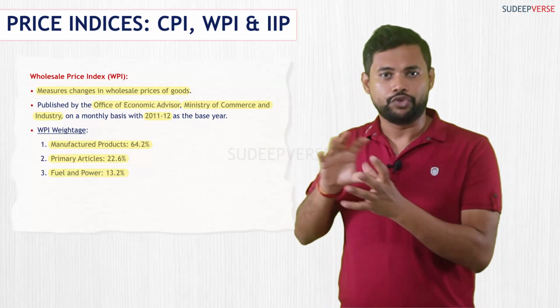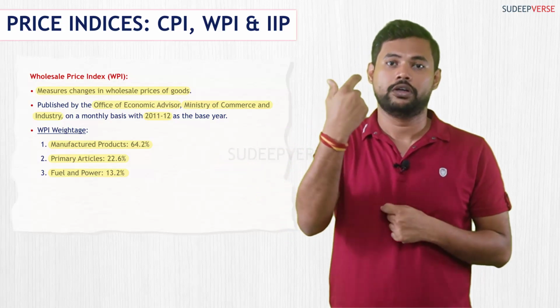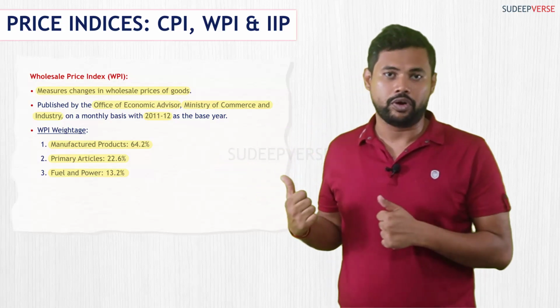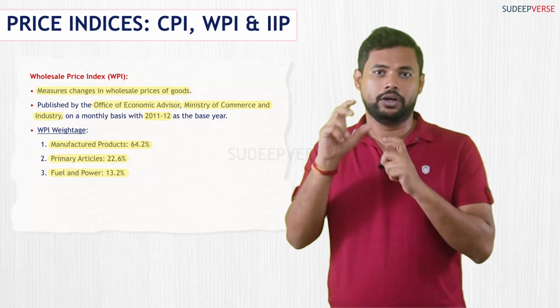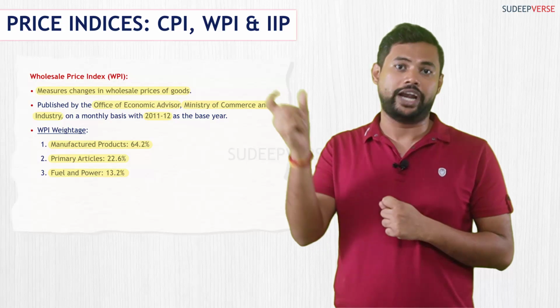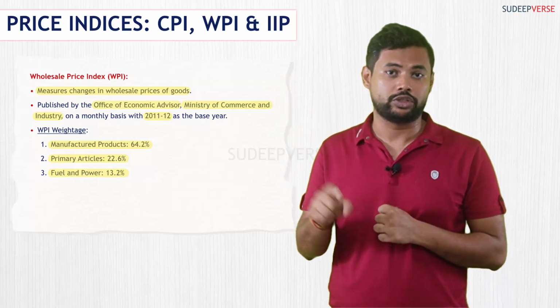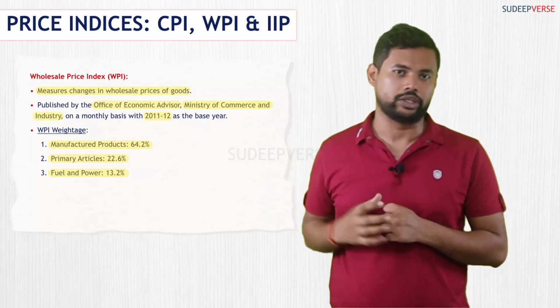Now, within these three sectors, you have a food component. You have primary articles in which you have food articles and non-food articles, minerals. As well as in manufactured products, you have food products and non-food products.